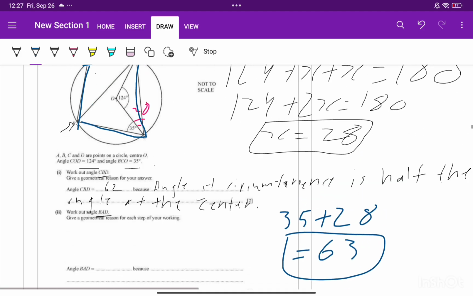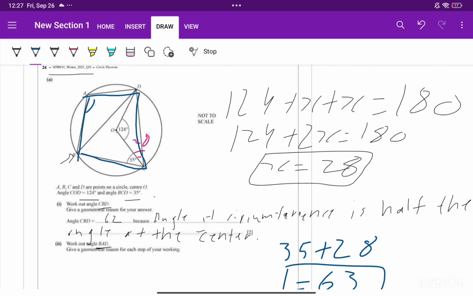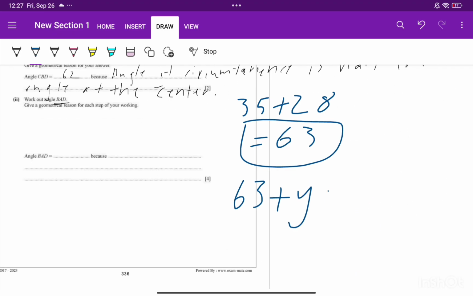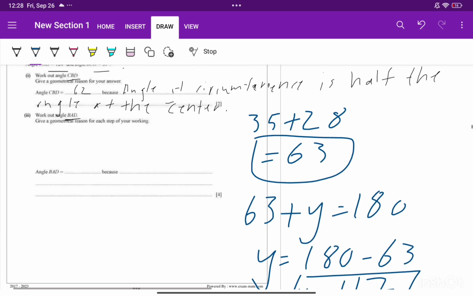So we can write 63 plus, for example this angle is y, plus y is equal to 180. So y will be equal to 180 minus 63, which will give us the answer: 180 minus 63, 117.